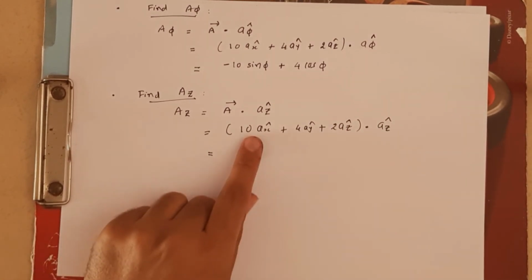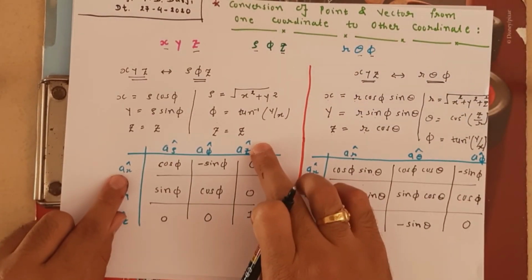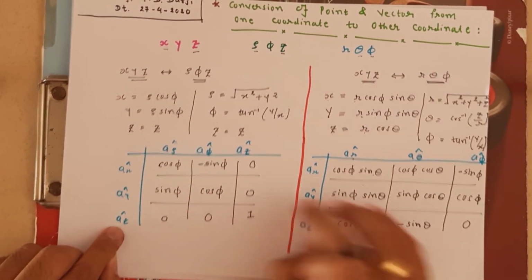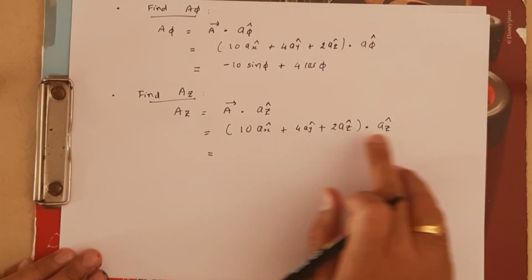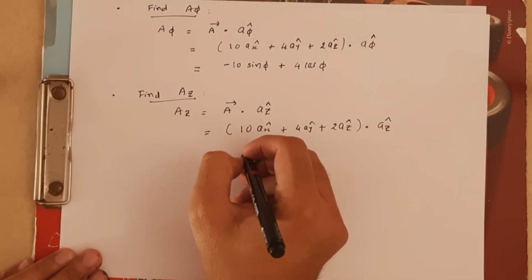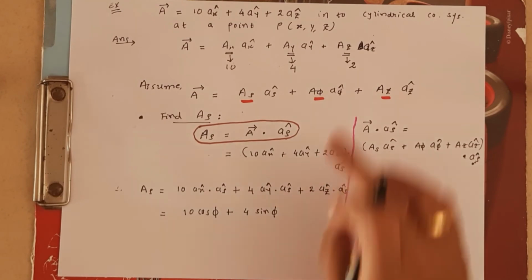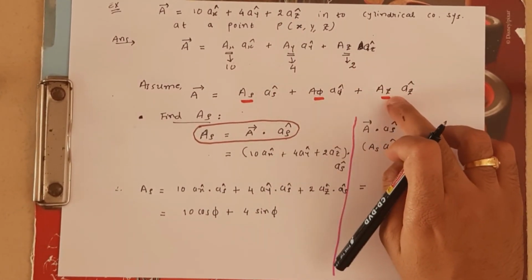Now ax dot az is 0, ay dot az is 0, az dot az is 1, so only 2. That I have already told, that value of Az here is 2. So this Az has the same value, which is 2, that we have proved.